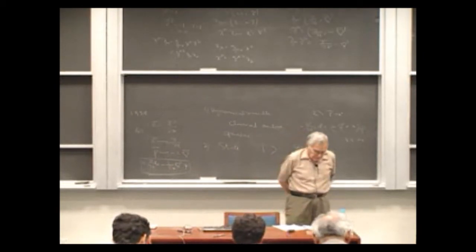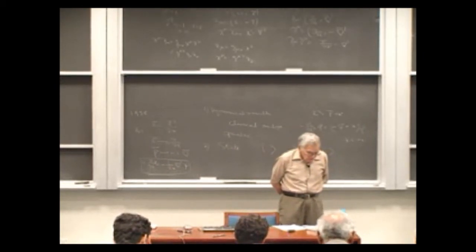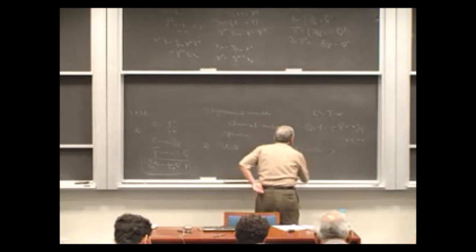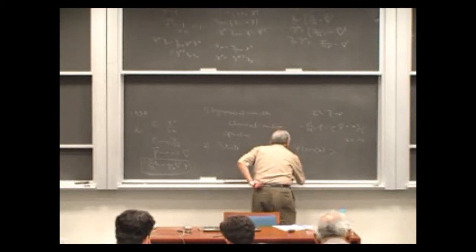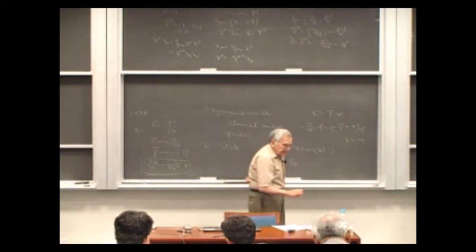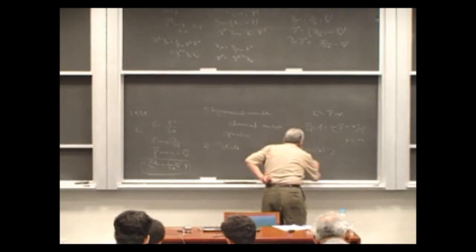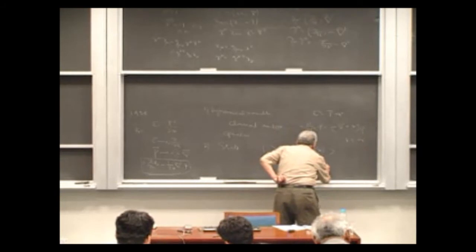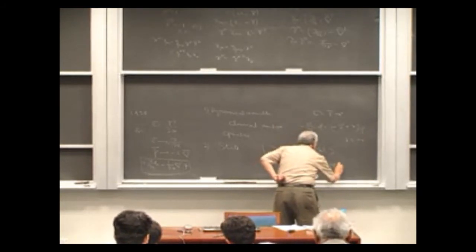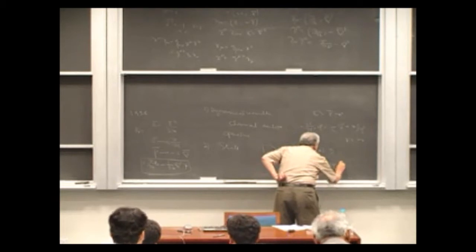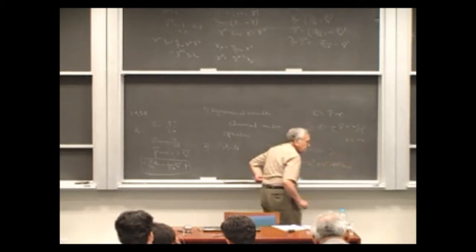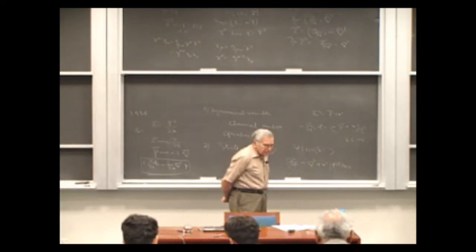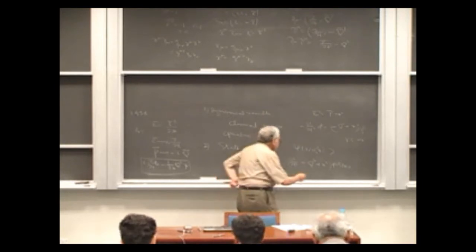However, there is a difficulty here. Let me write this equation as (∂²/∂t² - ∇² + m²)φ = 0. Let us also write it with φ star.